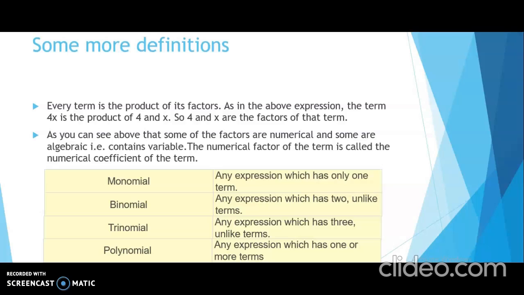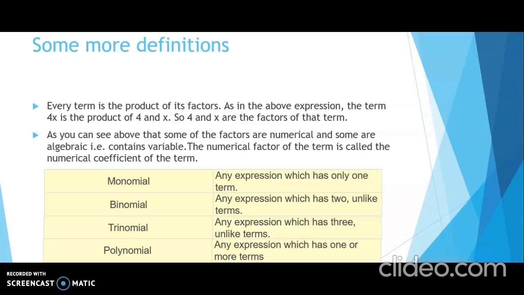So in 4x, the numerical means the number. So numerical coefficient number is what? 4. x is algebraic. So that 4 is the coefficient of the whole term. Simple, right? Yeah.